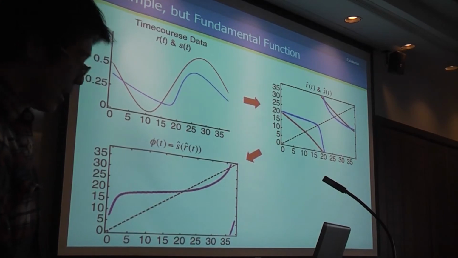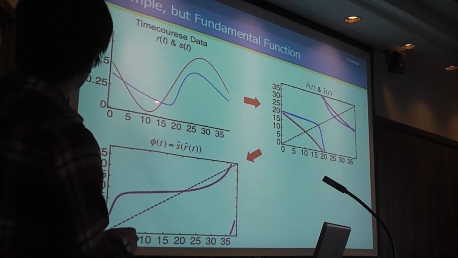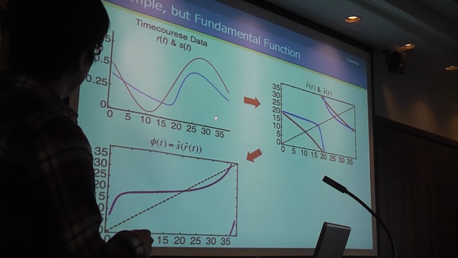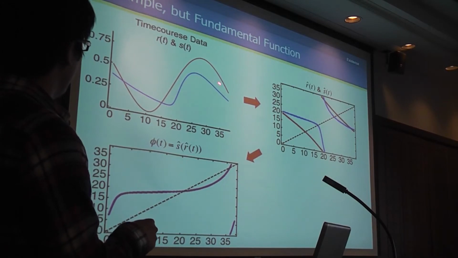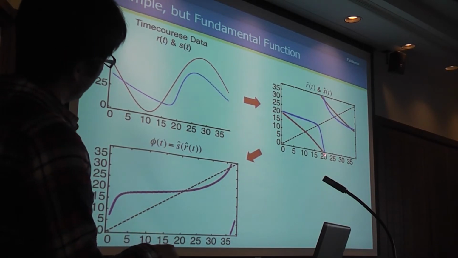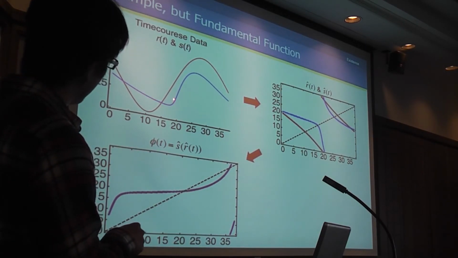Then if two time courses are given, R of t and S of t, we can easily find their hat map. For instance, the hat map of this blue time course is this blue curve. For instance, 10 and 20 have around the same value, right?